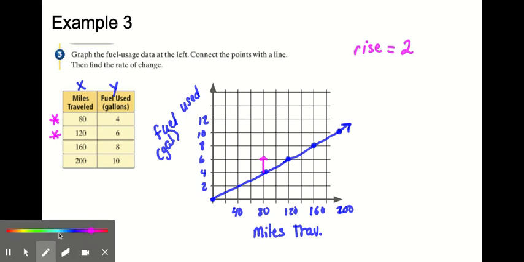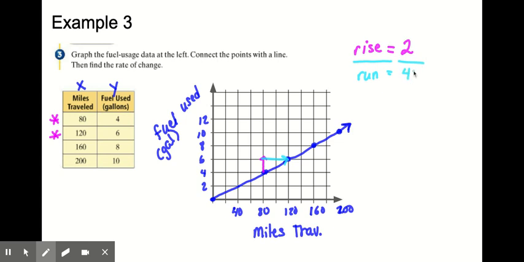Okay, it's about the numbers, not about the placement. The run, I'm going from 80 and I'm running to 120. So that's a run of 40. So my rise over run is 2 over 40, which I can simplify to 1 over 20, which means 1 gallon for every 20 miles.